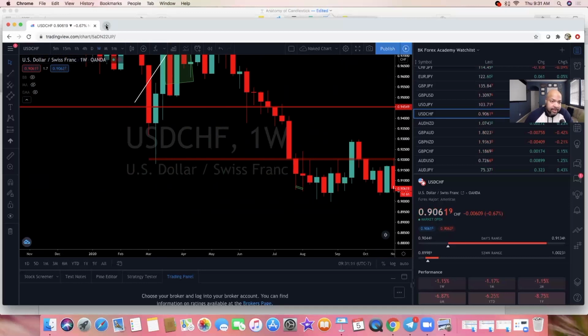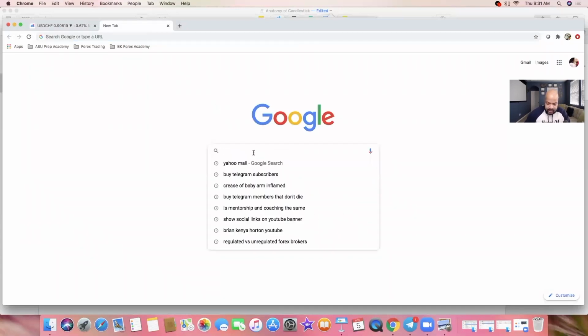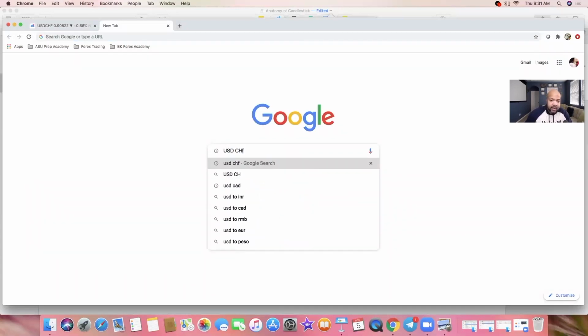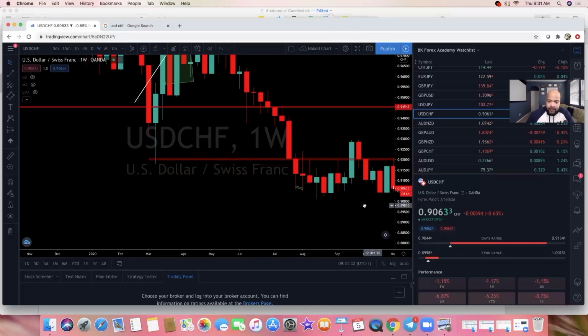Okay. And sometimes if you don't know or you forget, you can always go to Google and let's type in USD for US dollar, CHF for Swiss franc. And the first thing that pops up is, hey, it costs 91 cents in the Swiss franc to equal one United States dollar. And that lines up with our chart.